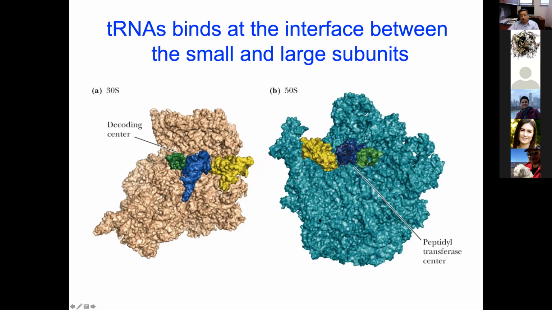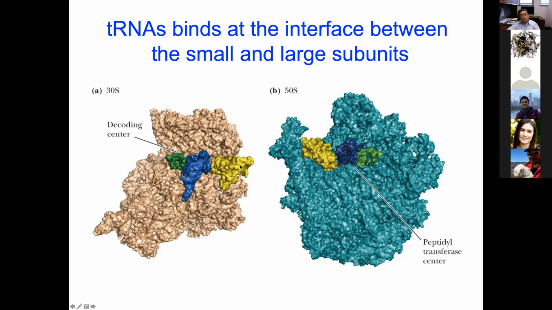And here I show you how the tRNAs are bound to the ribosome. This is a cutaway view, and if you put these 2 together, that's a complete ribosome. If you open it up, these are the positions where the three tRNAs bind. You see the decoding center is located on the 30S ribosome, the small subunit.